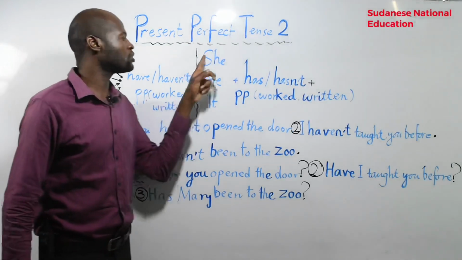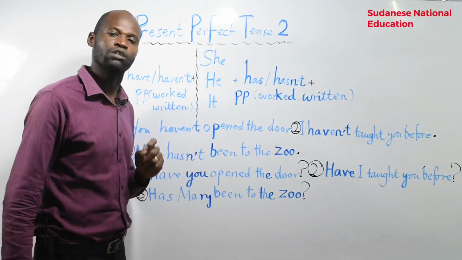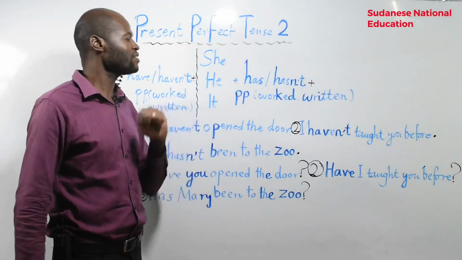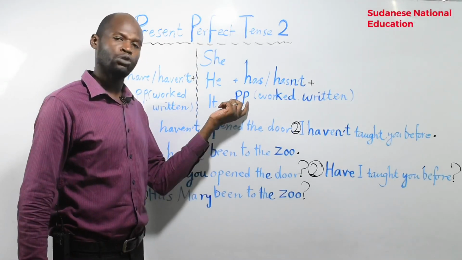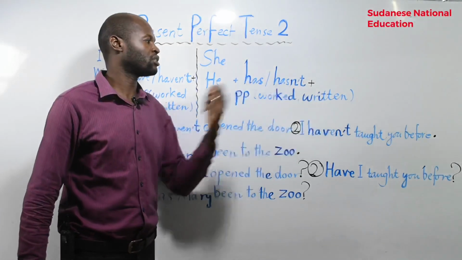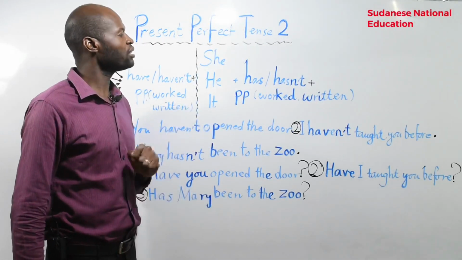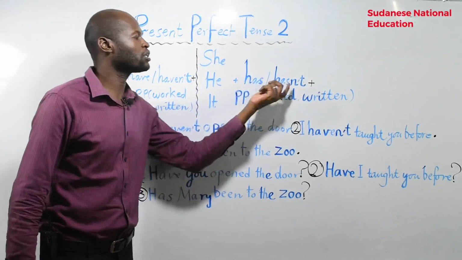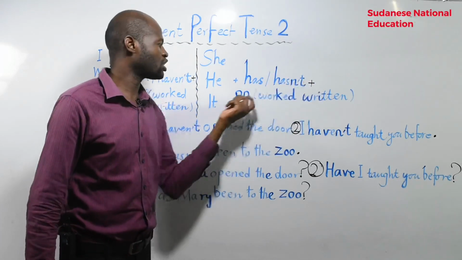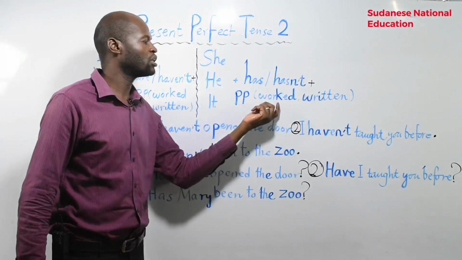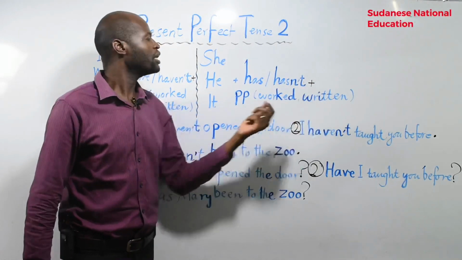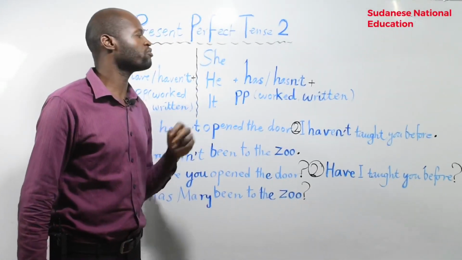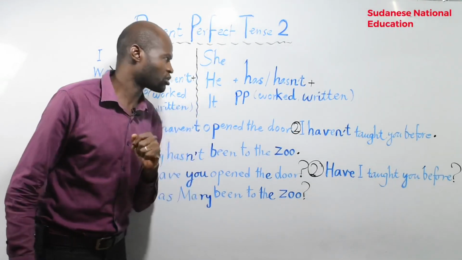With the subjects she, he, and it, in affirmative, we use has plus the past participle like worked or written. But in negative sentences, we use she, he, and it plus hasn't plus the past participle like worked and written. And this hasn't is a short form of has not.